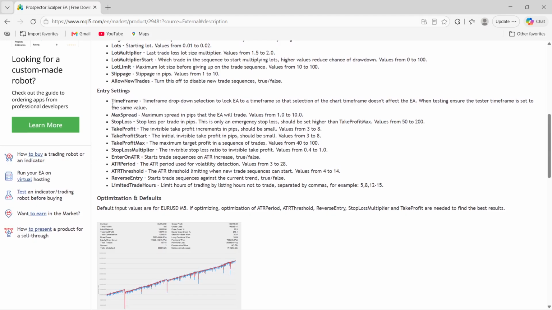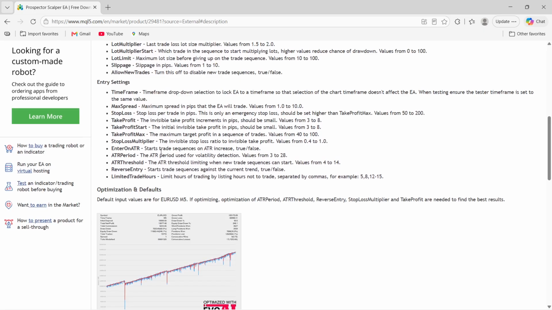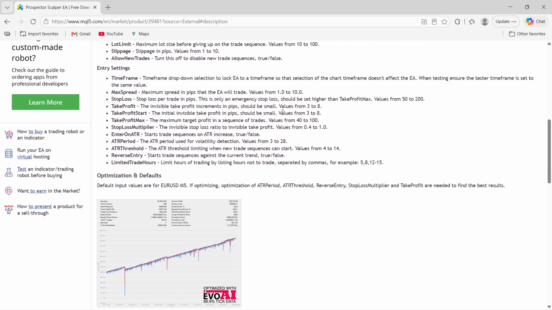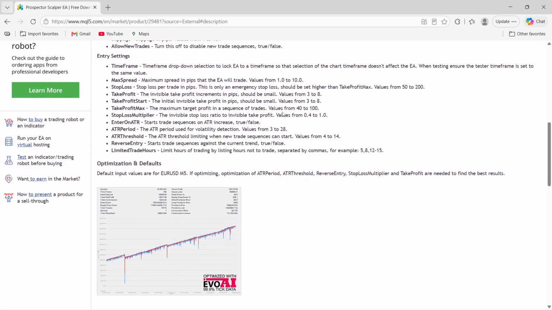We have most of these in the settings. Exits rely on small invisible take profit increments. Think 3 to 8 pips for the initial ones, with a take profit max for the whole sequence of up to 40 to 100 pips. There's an emergency stop loss set wider, 50 to 200 pips, because the main management happens internally.